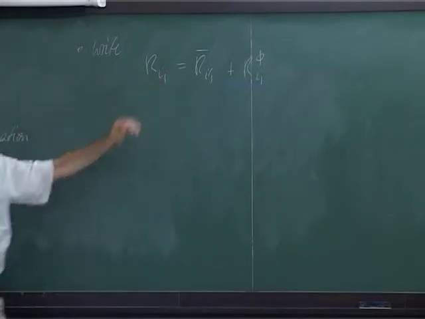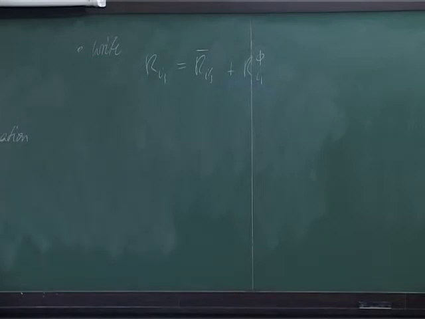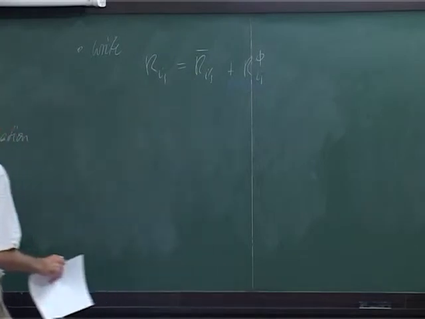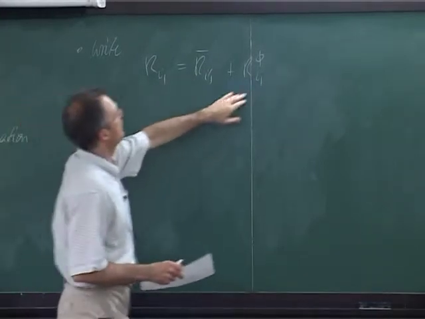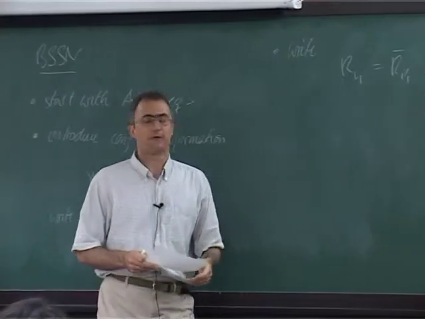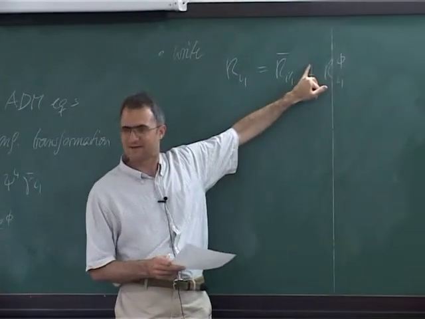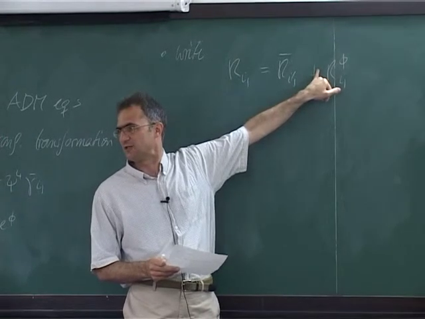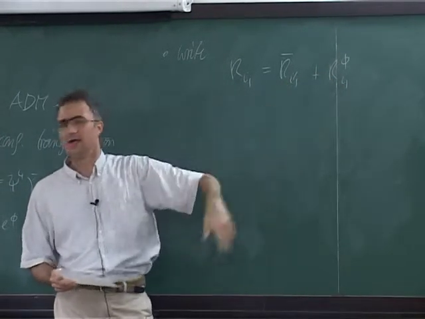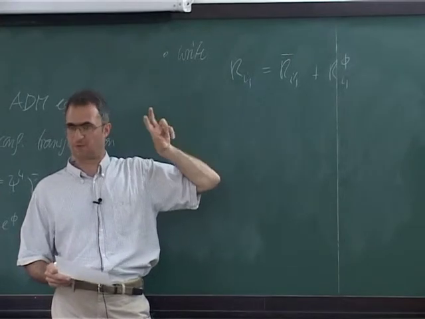Basically, when we see this Rij in these equations, we now say, okay, because we use this conformal decomposition, we split this term into these two pieces. This one we compute from our gamma ij bars in exactly the same fashion, and this one we compute from phi. Now the question is, which form? Because I gave you 3 forms of this Ricci tensor, and we use the form that uses this gamma, form 3.